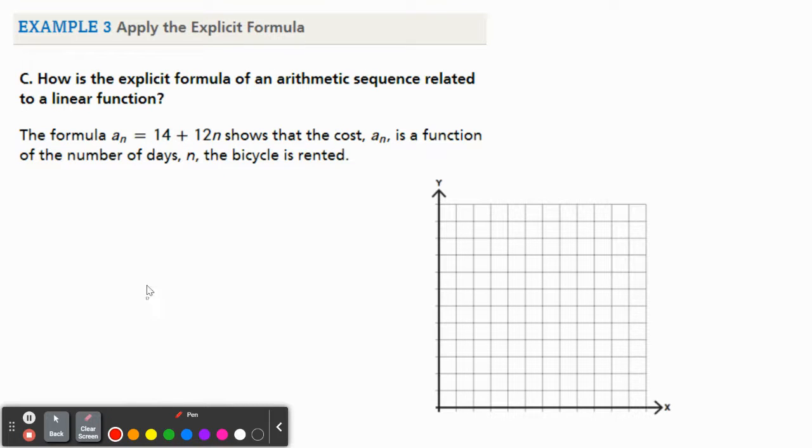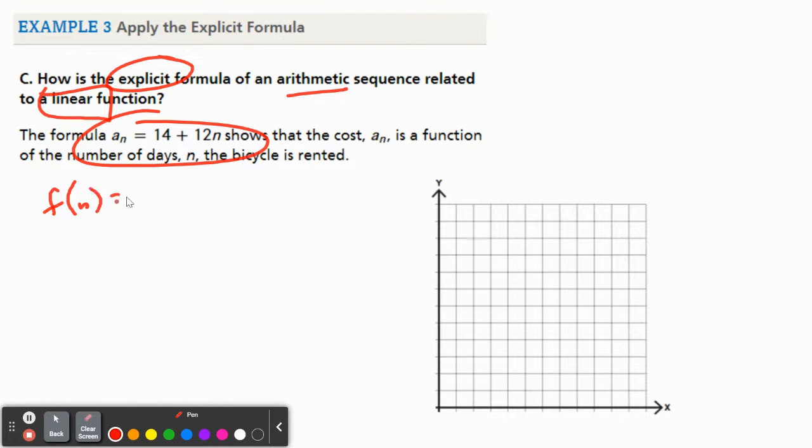It says, how is the explicit formula of an arithmetic sequence related to a linear function? So again, I think we've been doing this the entire time. So this is your formula. Again, I would just think of it as f of n equals 14 plus 12n. I'm actually going to rewrite it as 12n plus 14, putting the variable first.